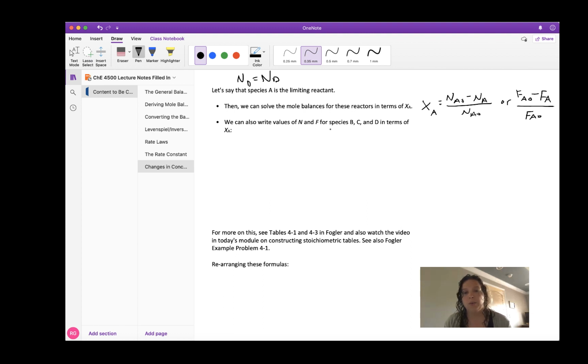We can also write the molar amounts or the molar flow rates of the other species in terms of XA. So let's do that.